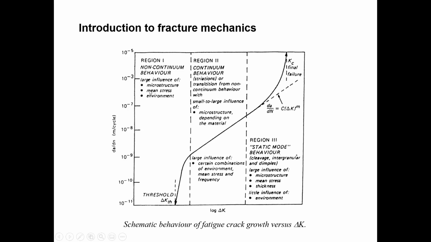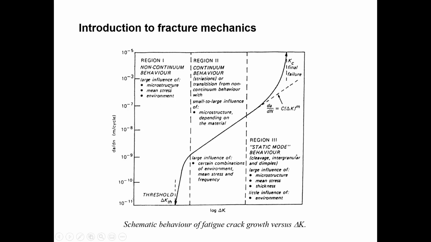And then mean stress, not the alternating stress, the mean stress. And environment. Environment is the temperature, pressure and other things. So this region 1 will be governed by those factors.